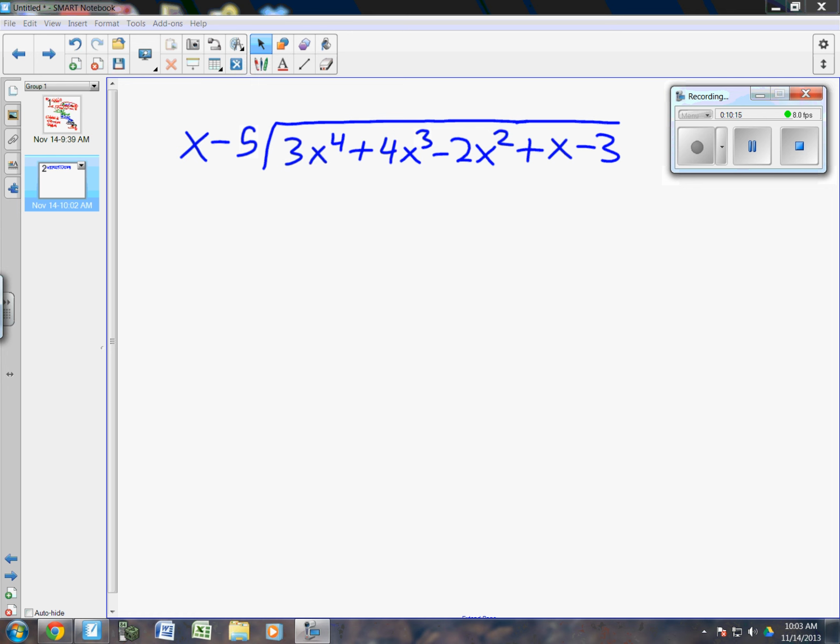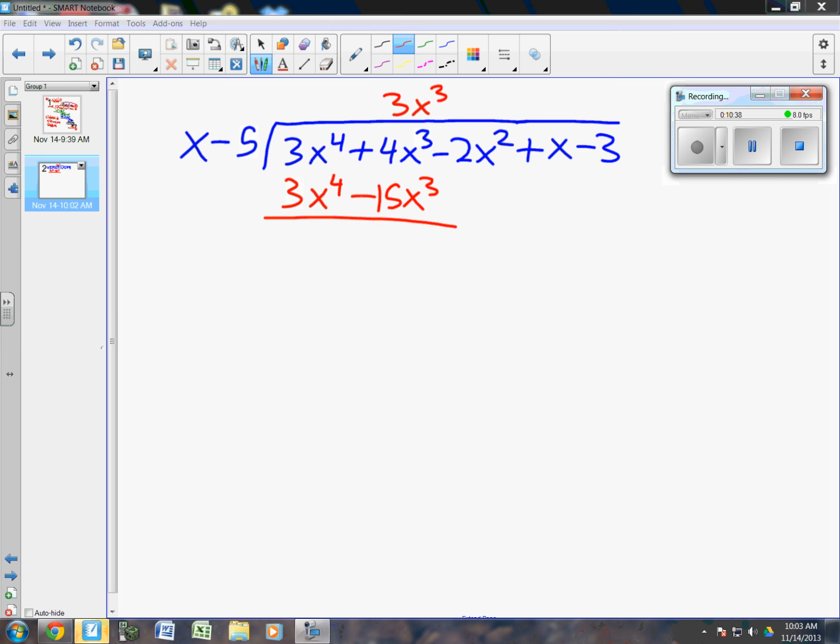So, you guys, I'm going to ask myself, what am I going to multiply x by to get 3x to the fourth? 3x to the third. So 3x to the third times x is 3x to the fourth. 3x cubed times a negative 5 is a negative 15x cubed.